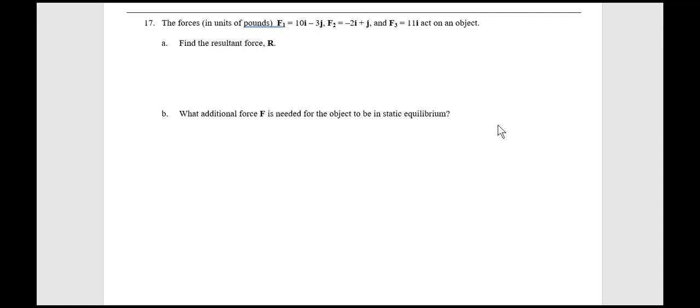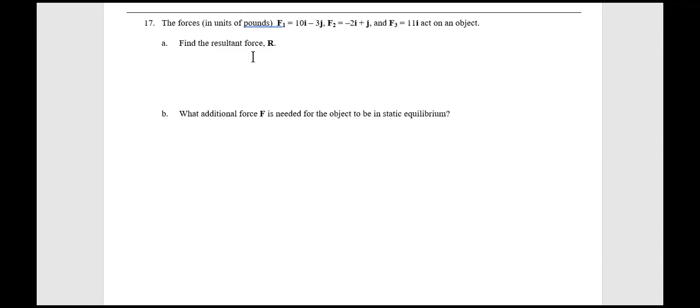So we're going to look at a couple force vectors here. F1 is 10 in the i direction, -3 in the j, F2 is -2 in the i, 1 in the j, and finally this last vector, F3, is just 11 in the i direction. And we're saying all three of these act on some object, pretty common sort of situation in physics. Find the resultant.